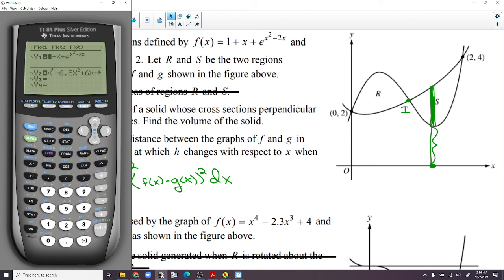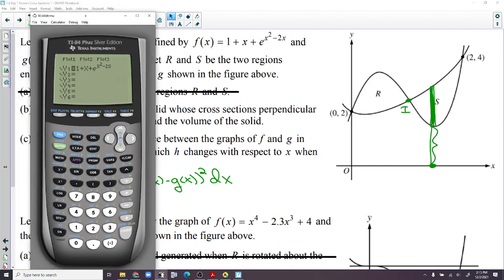Clear. I'll pretend I haven't done this yet. Our first step on this one, I think, is to get that intersection point so that we know what to integrate from. So let's go y equals, let's put f in y1. 1 plus x plus e to the x, squared, minus 2x. Enter. And now I can't see that other function.